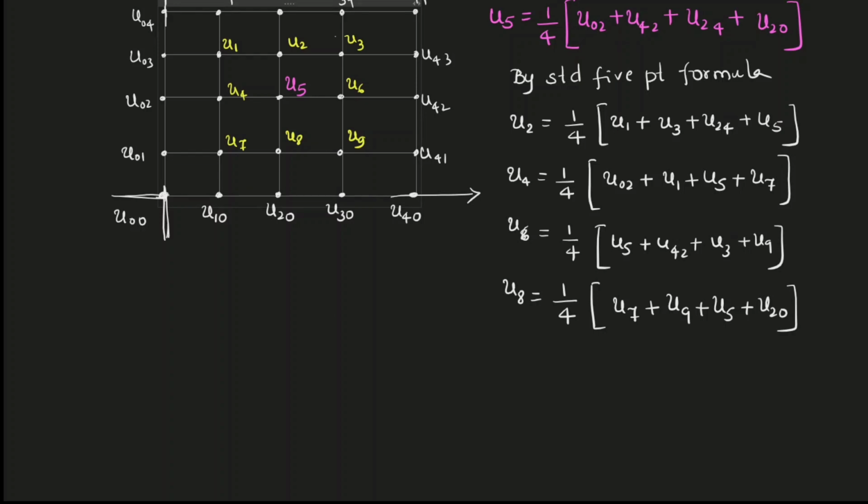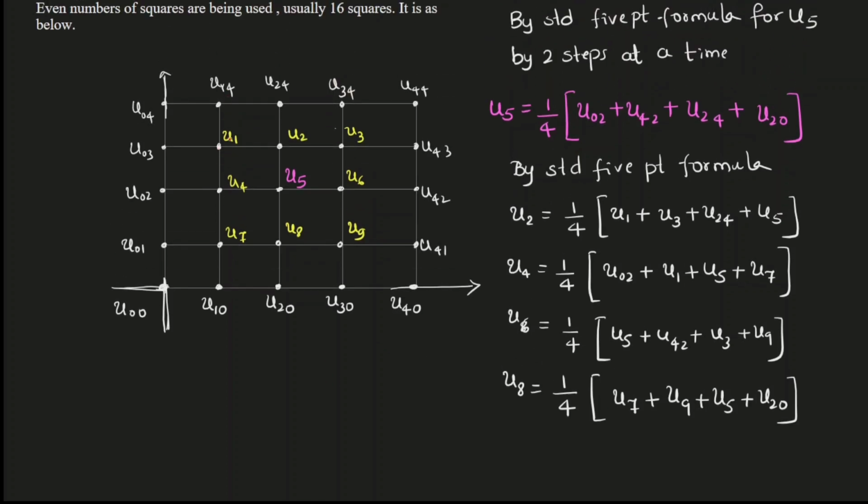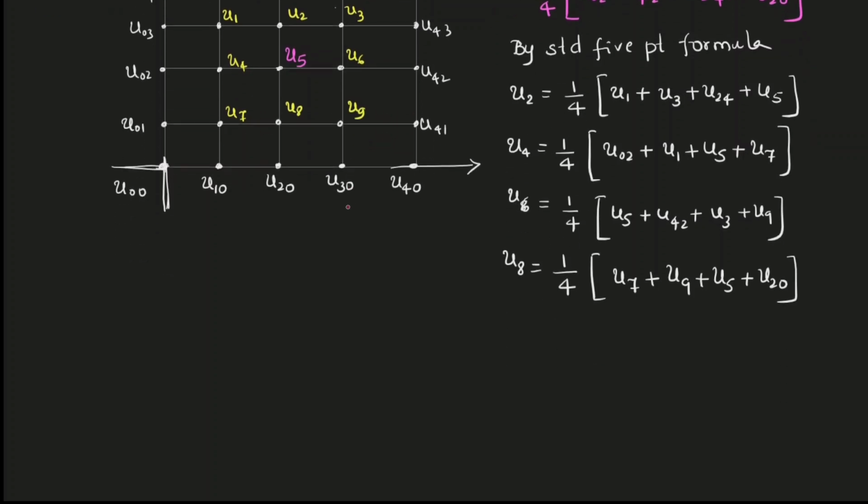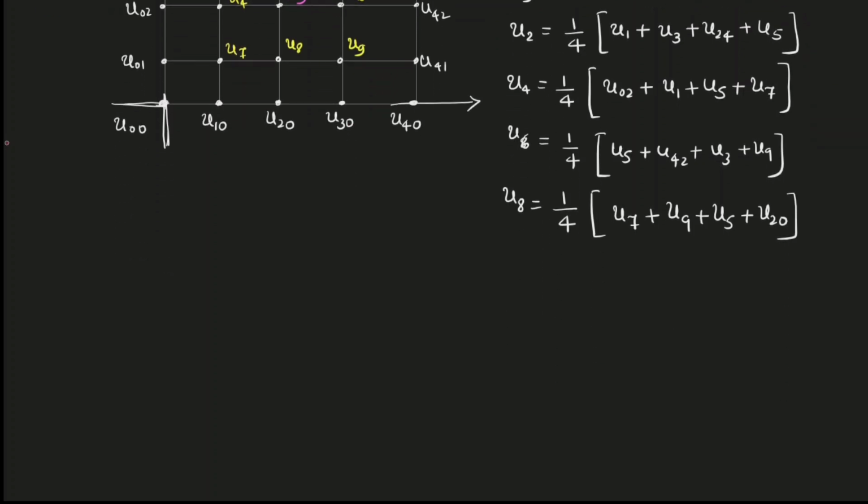Now, using the diagonal 5-point formula, we are going to find all these diagonal elements U1, U3, U5, U7 and U9.